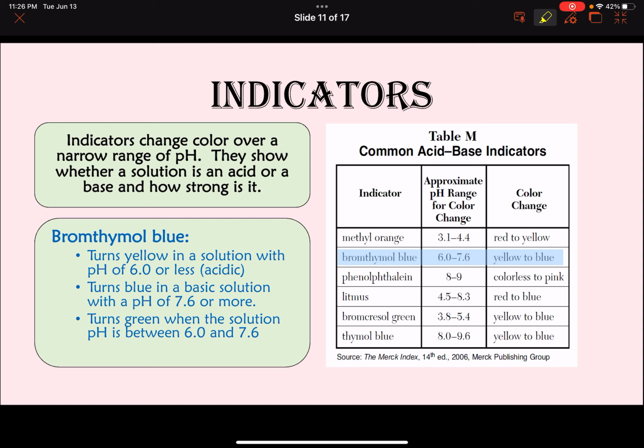If we add bromothymol blue to a solution and it turns blue, that means the pH is 7.6 or more than 7.6. However, what if we add bromothymol blue to a solution that has a pH between 6 and 7.6? In that case, our solution is going to turn green. So the color between yellow and blue.